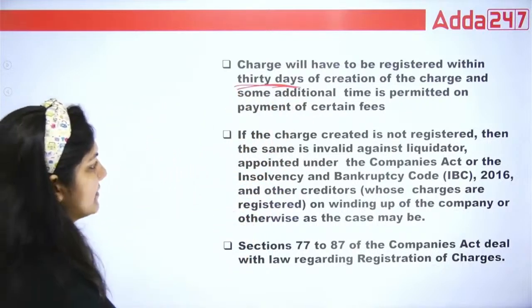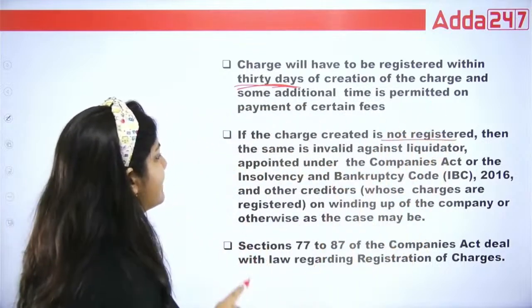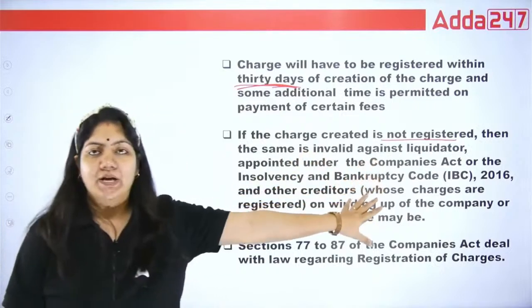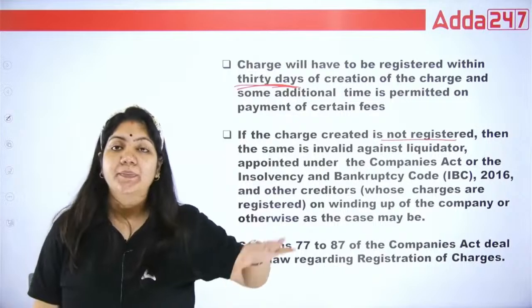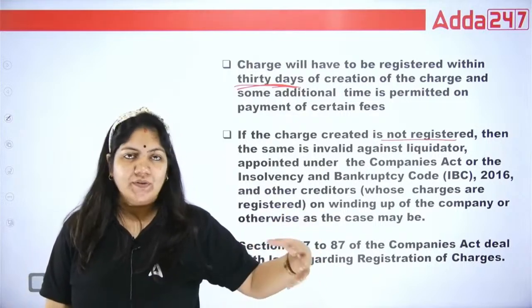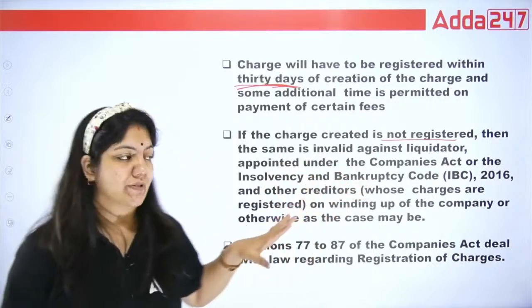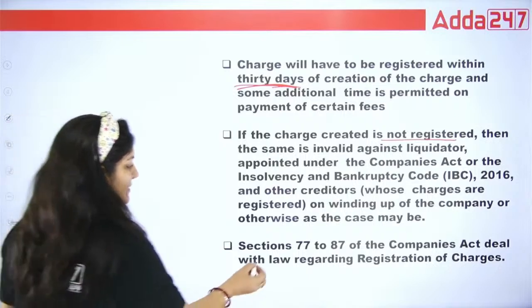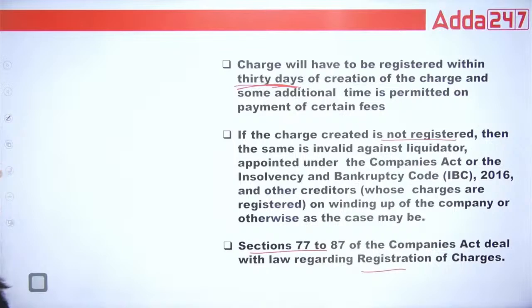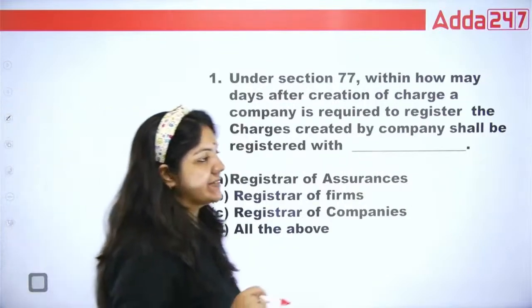If a charge created is not registered, then it is invalid against the liquidator. See class, in the charge we always give priority to the secured creditor, and whichever charge was created first, we have to follow that one. This section relates to the registration of charge. That's it.